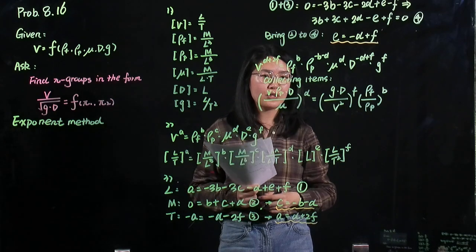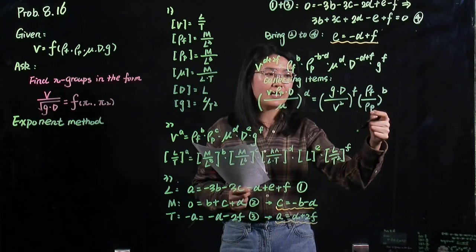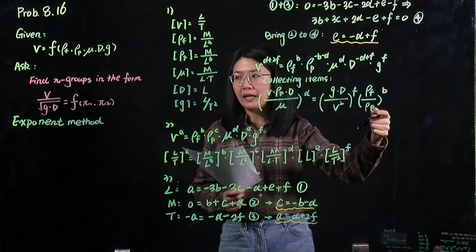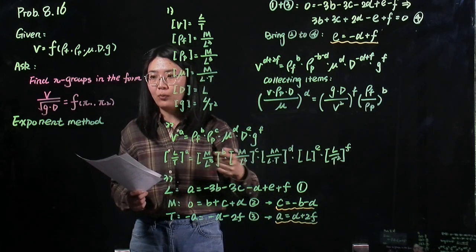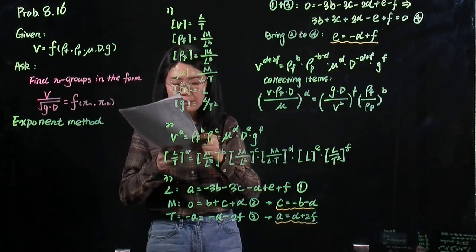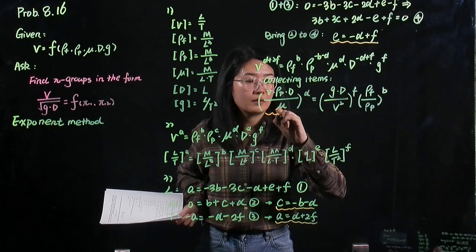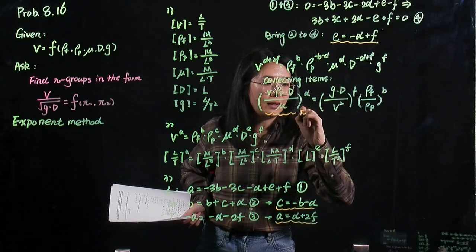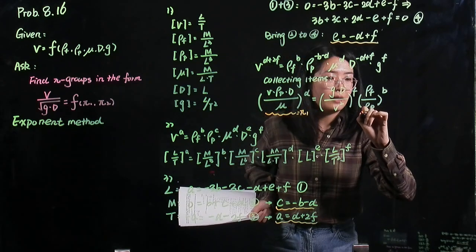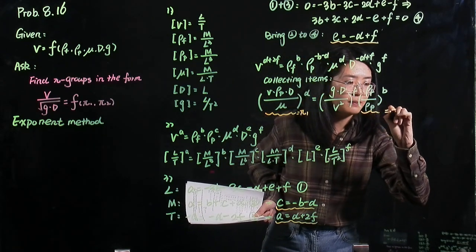But it's unnecessary because in this format, we can already identify pi 1 and pi 2. So this one is pi 1, and this one is pi 2.